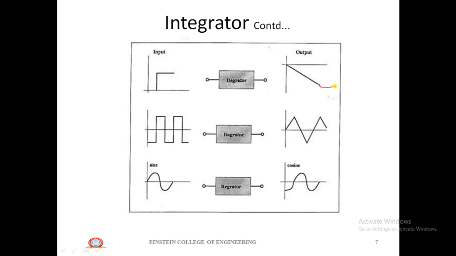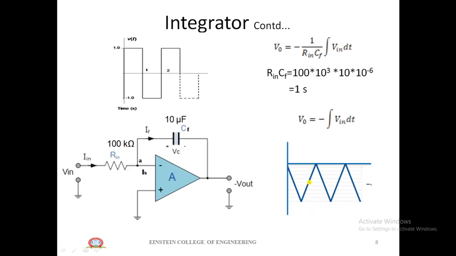After it attains saturation, there won't be an increase in the output value. If we give a square wave, it gives a triangular wave. If we give a sine wave, the integrator gives a cosine wave.